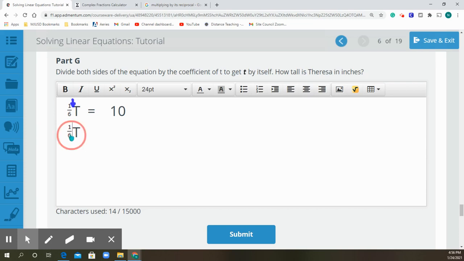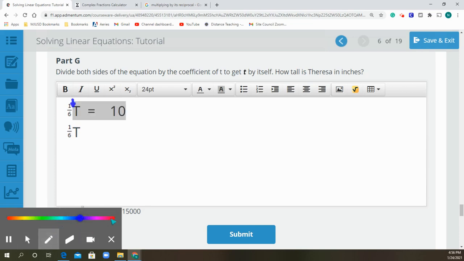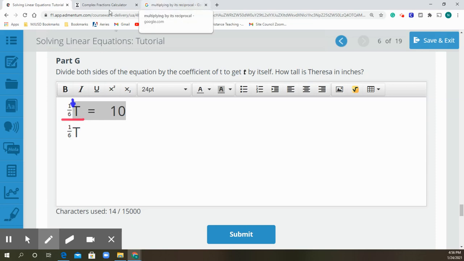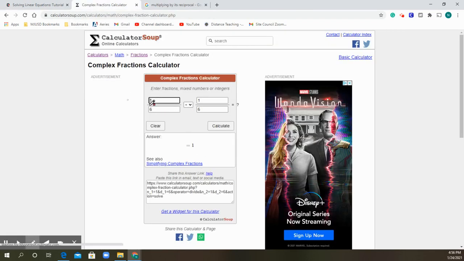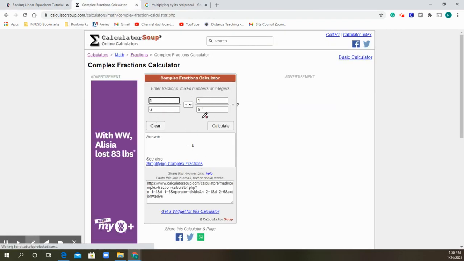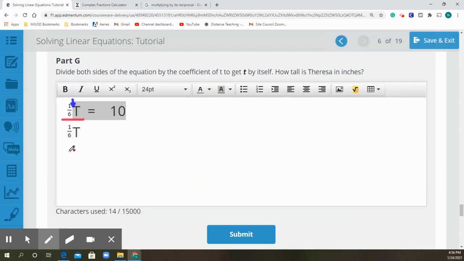So I want to divide. So let me make a little division bar here. Divide. So 1/6 divided by 1/6. I'm going to get rid of that. And we did that right here. 1/6 divided by 1/6 is left with just t.